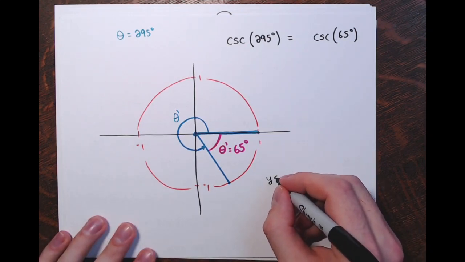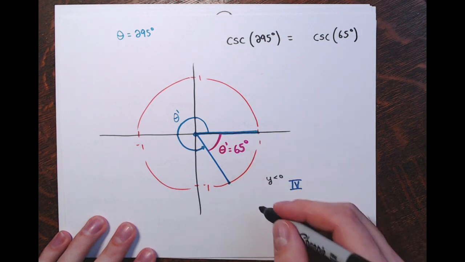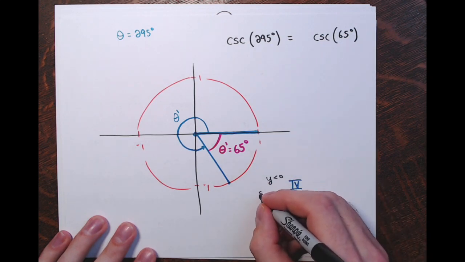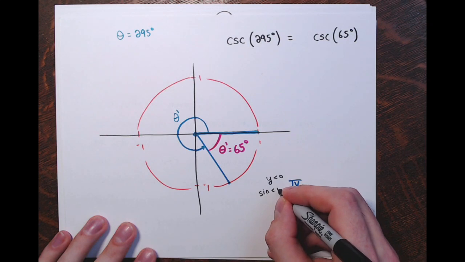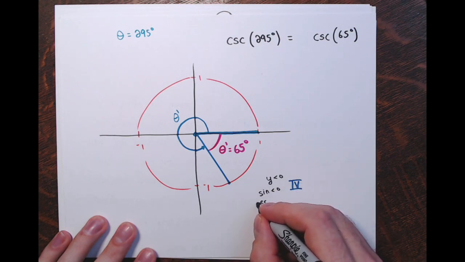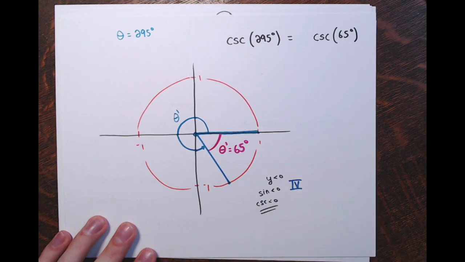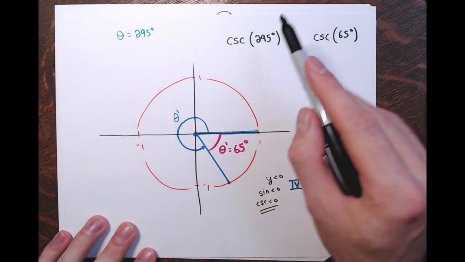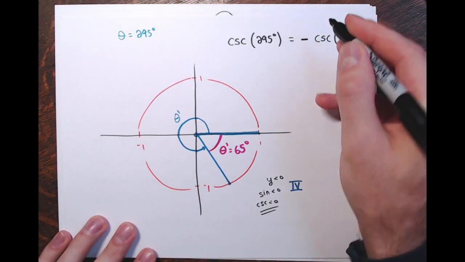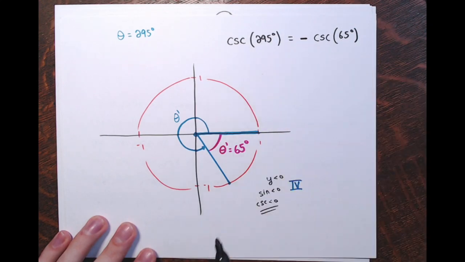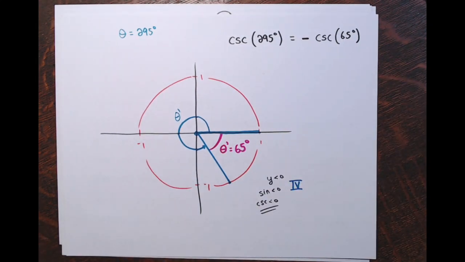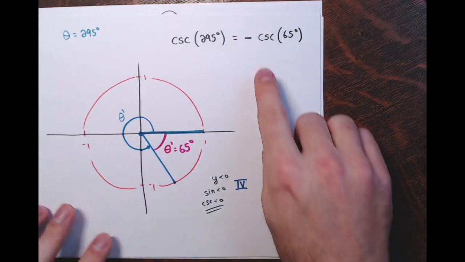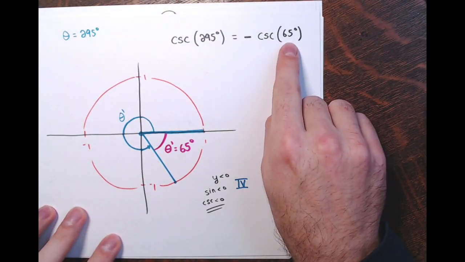Down here, y coordinates are negative in quadrant 4, meaning that the sine will be negative, meaning that the cosecant will be negative. So the cosecant of a 295 degree angle will be a negative number, and it'll be negative whatever the cosecant of 65 degrees is. All right, and that's all they're asking us to type right here.